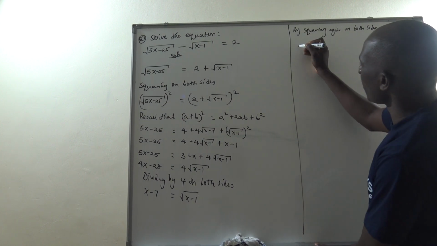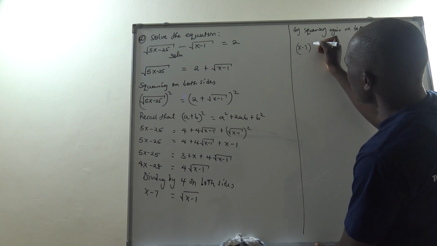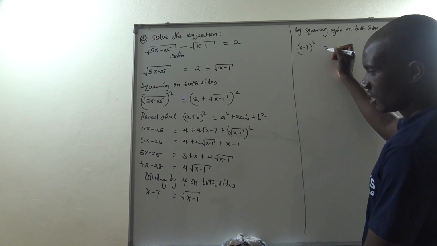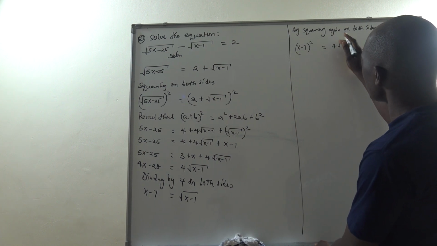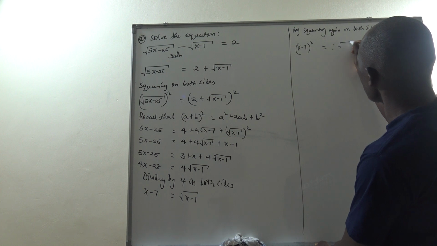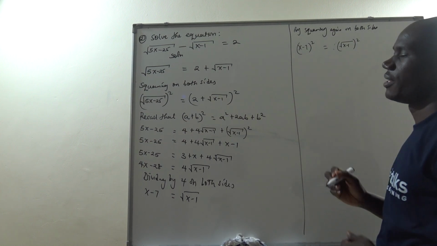So we are having x minus 7, the whole of it squared, is the same as the root of x minus 1, the whole of it squared.